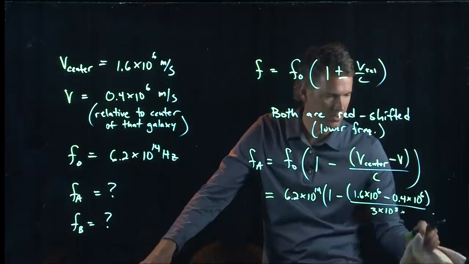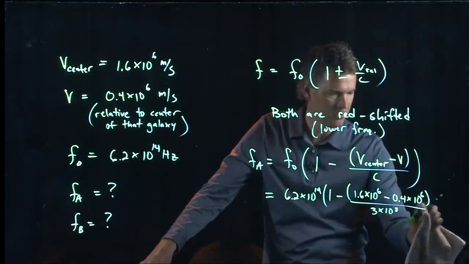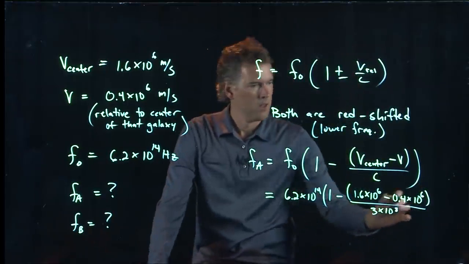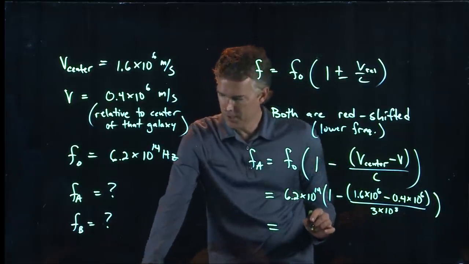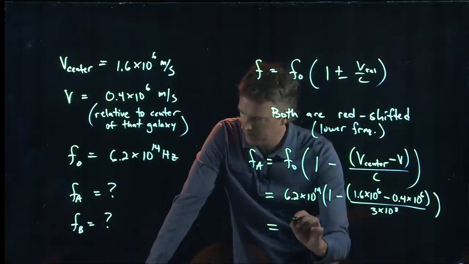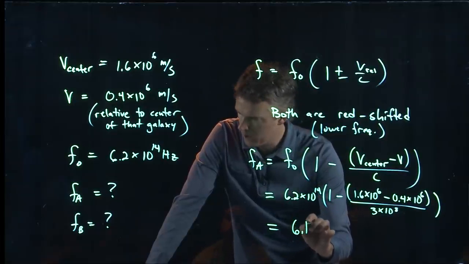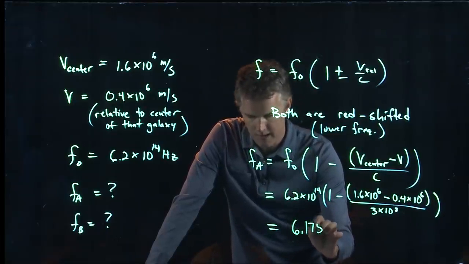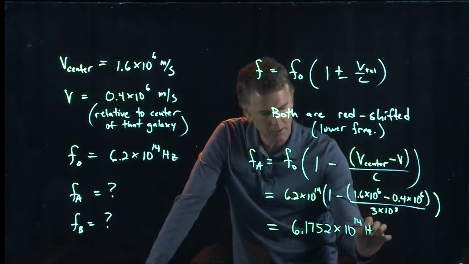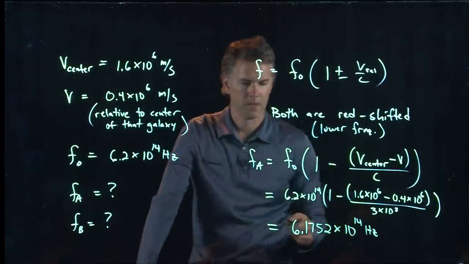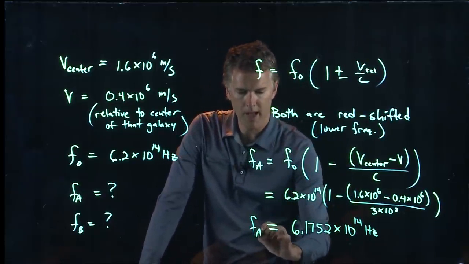We'll just keep SI units on everything. Close the parentheses, and you can double check my numbers. I got 6.1752 times 10 to the 14 hertz. That was the frequency of A.